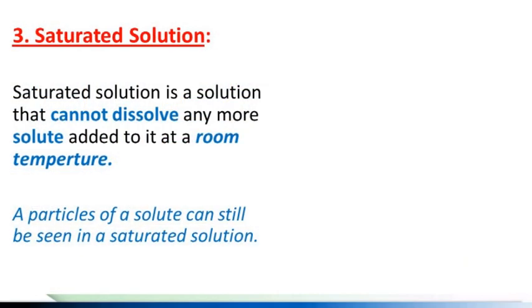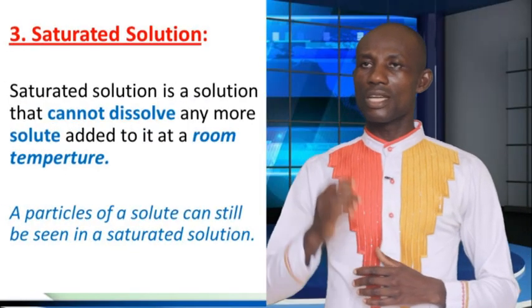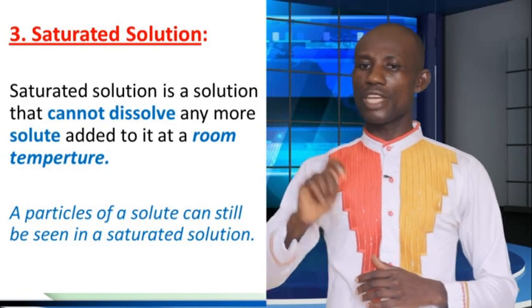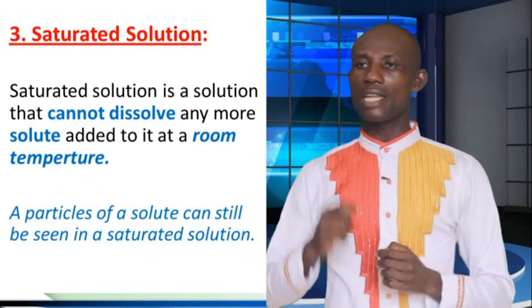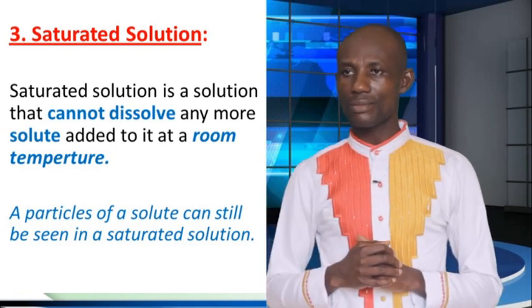Then let's look at the third type of solution, which is the saturated solution. What is a saturated solution? A saturated solution is a solution that cannot dissolve any more solutes added to it at room temperature.